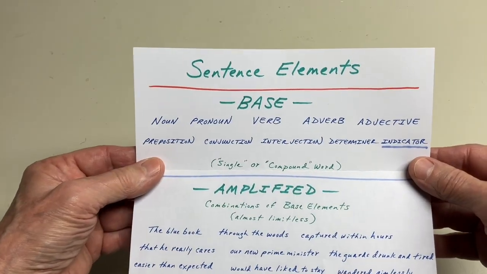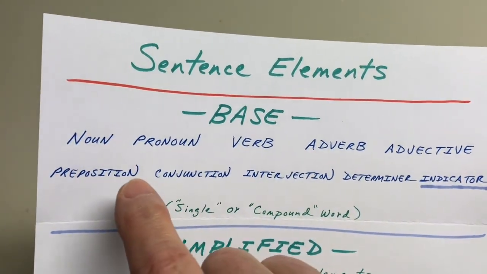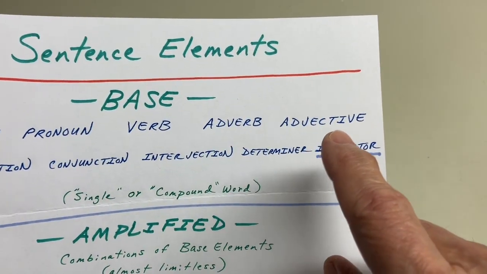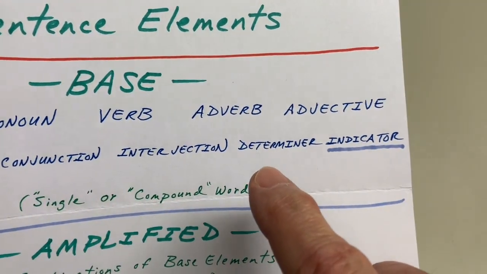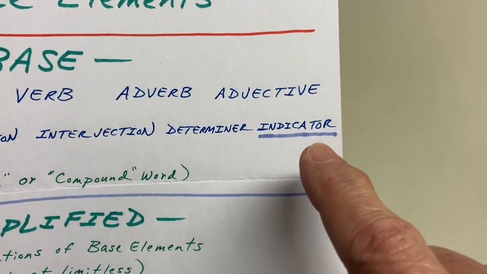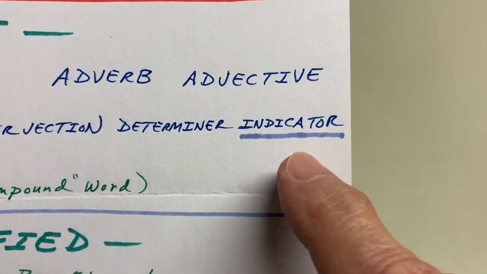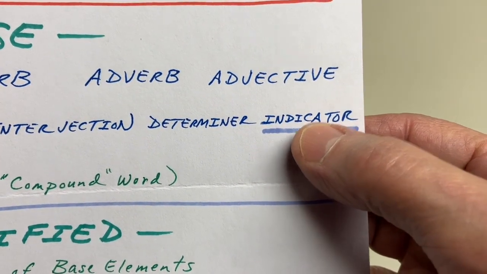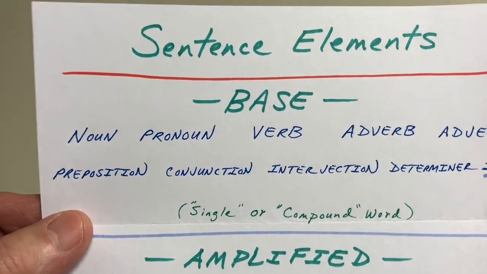Under the base category, you have your typical noun, pronoun, verb, adverb, adjective, preposition, conjunction, interjection, determiner, and in my own system an indicator. That's my own special thing, which you will see in my videos. So that's the base sentence elements.